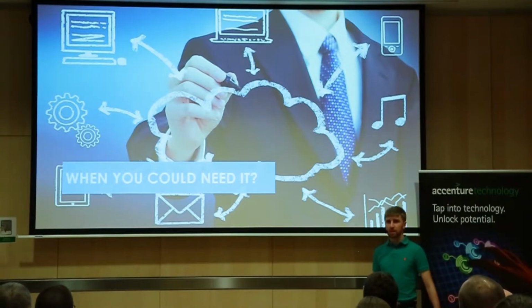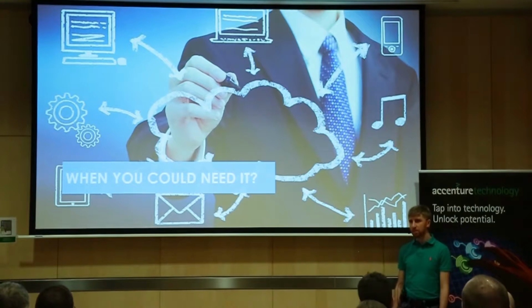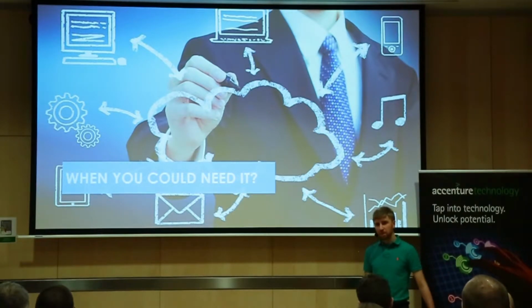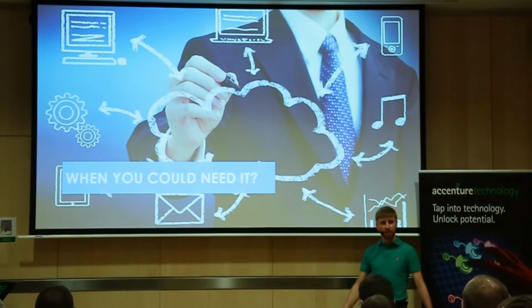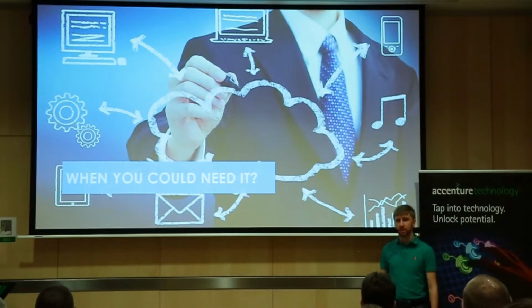Another case: imagine you're some kind of multimedia site, and sometimes some specific content could go viral. Suddenly a lot of users will try to view a specific video file or image, and that will create huge spikes of traffic to your website.